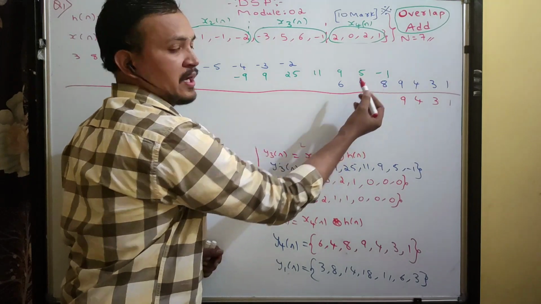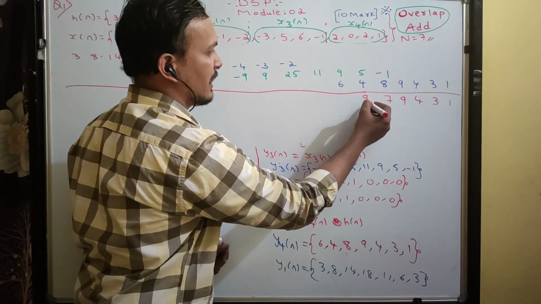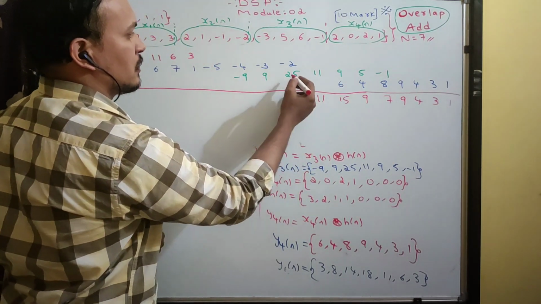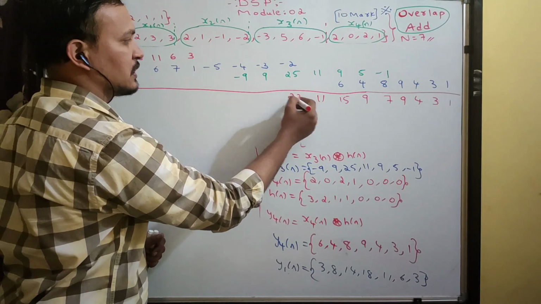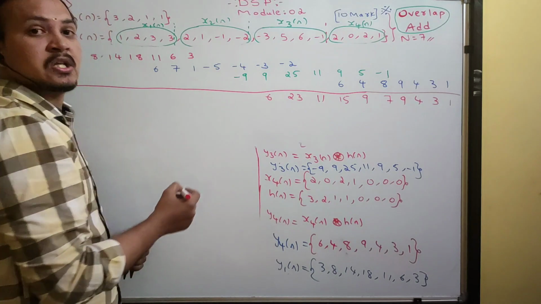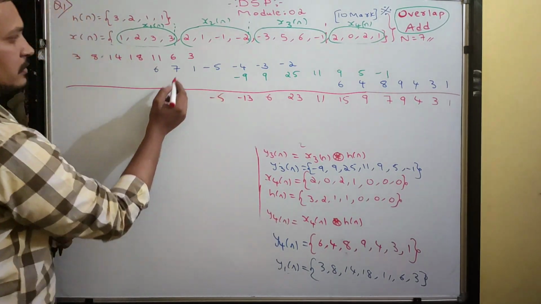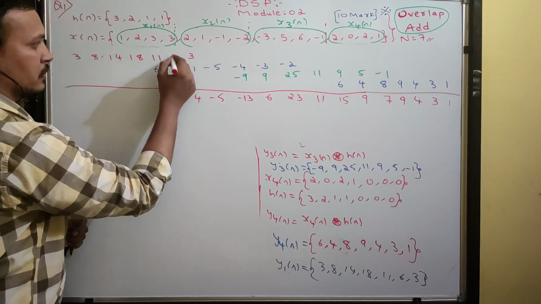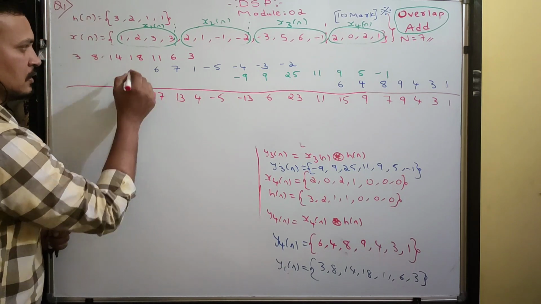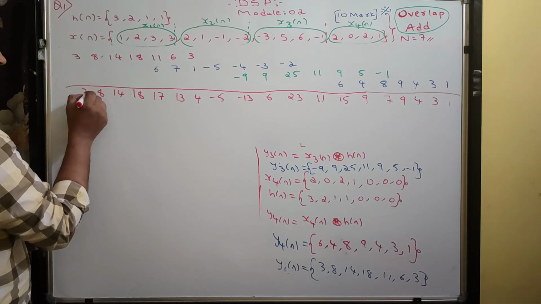Addition: 8 minus 1, how much? 7. 5 plus 4, 9. 9 plus 6, 15. 11. 25 minus 2, 23. 9 minus 3, 6. Minus 9 minus 4, how much? Minus 13. Minus 5. 3 plus 1, 4. 6 plus 7, 13. 11 plus 6, 17. 18. 14. 8 and 3.